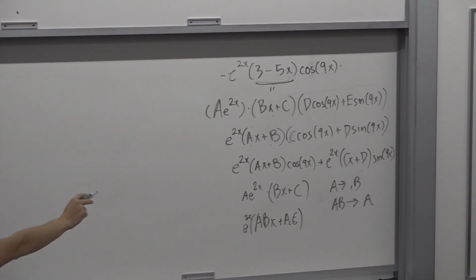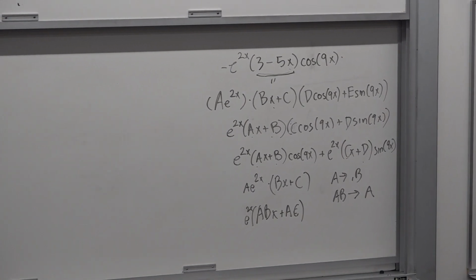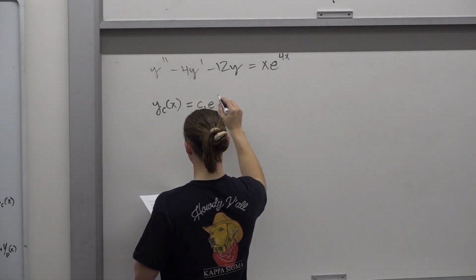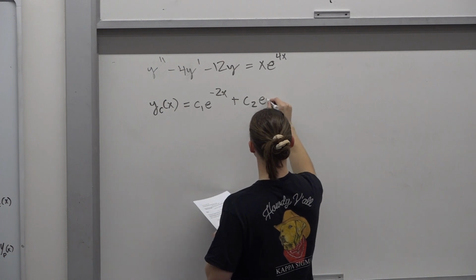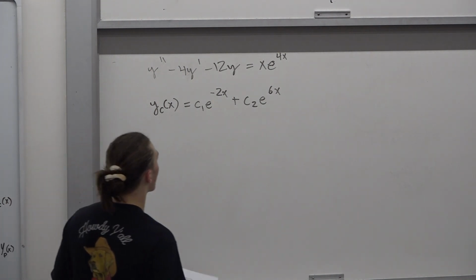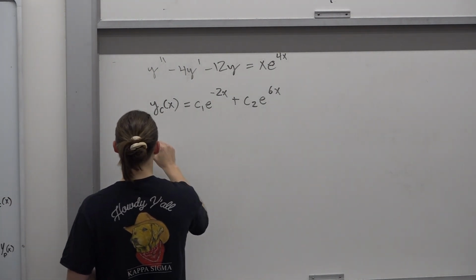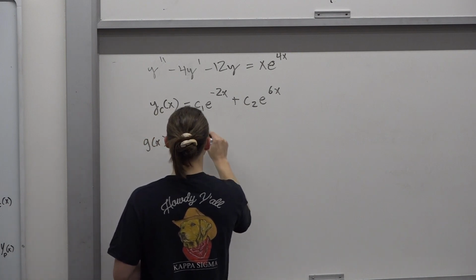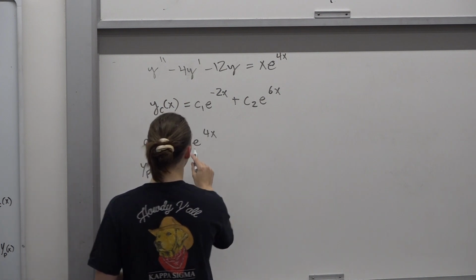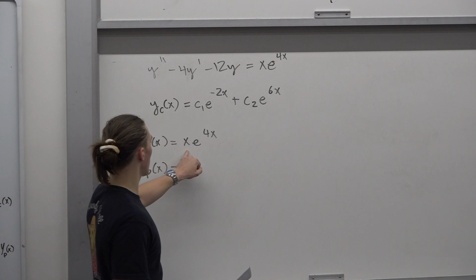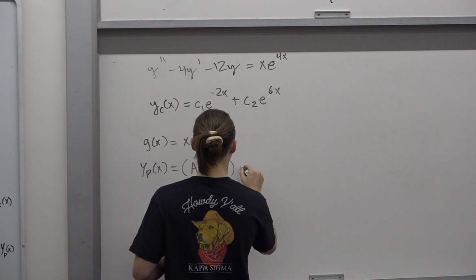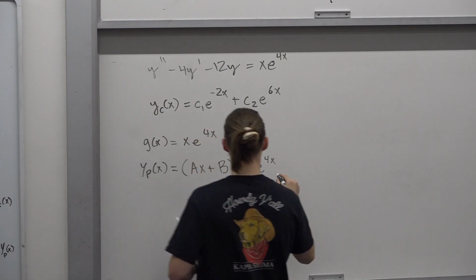So we know our complementary solution is going to follow that form. Now we have to figure out a guess for our particular solution. So g of x is x e to the 4x. That's a product of 2 functions of x. We have a polynomial and an exponential. So we can write it out, and we can simplify it.